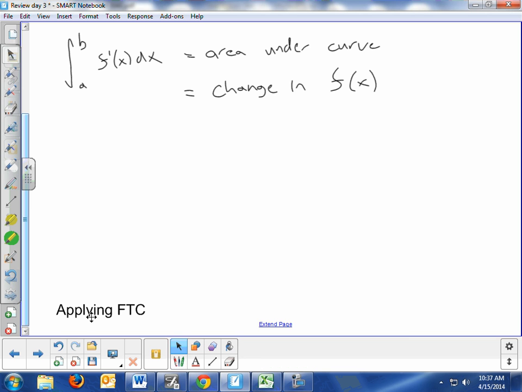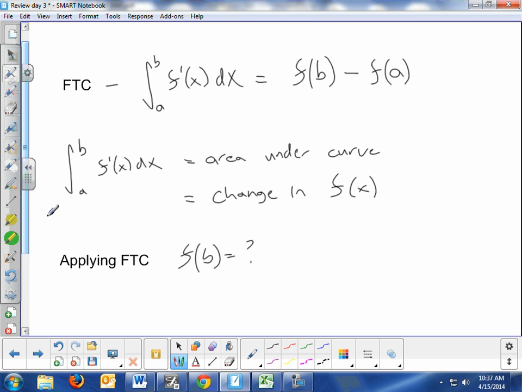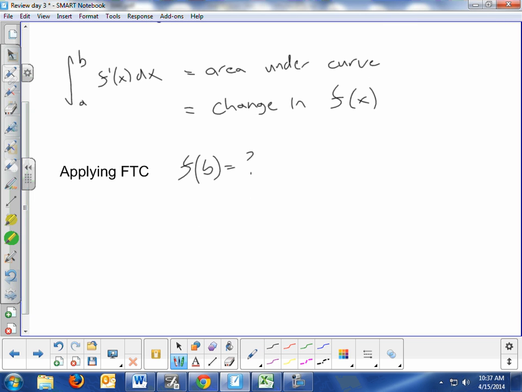And when I applied this, if I say we're looking for some f of b, I can manipulate this equation up here to solve for f of b.